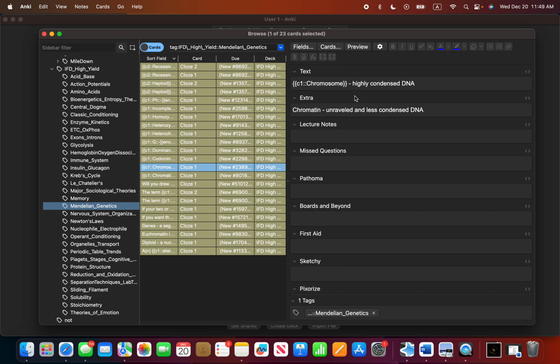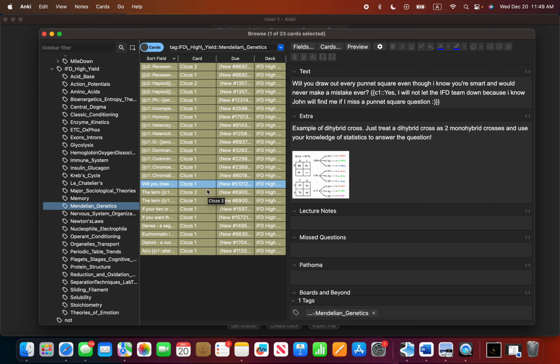And chromatin is unraveled, less condensed DNA, so that you can transcribe it. We know also that heterochromatin was more condensed, and euchromatin is less condensed.